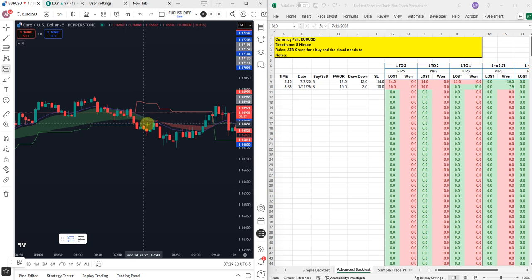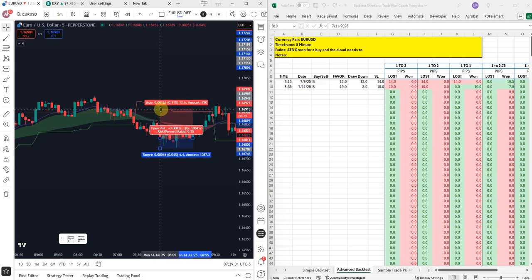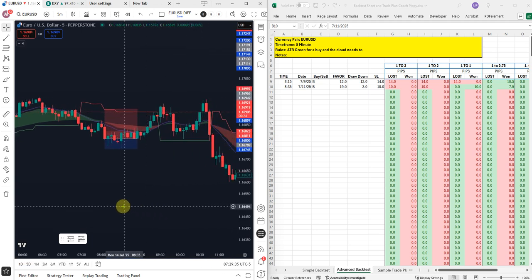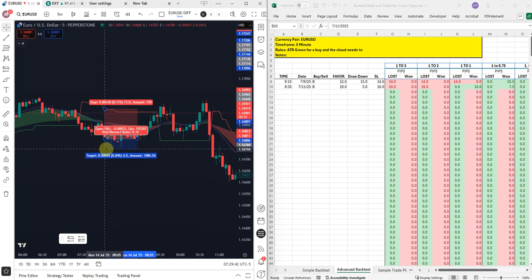It's a short, so it's right here, probably actually here. By the time we can see that it changed color, our stop loss is going to be about 13. And our favor is about 4.